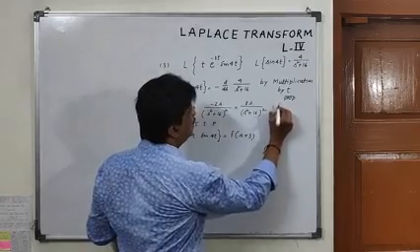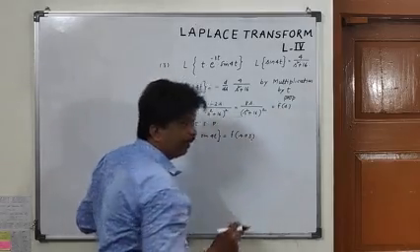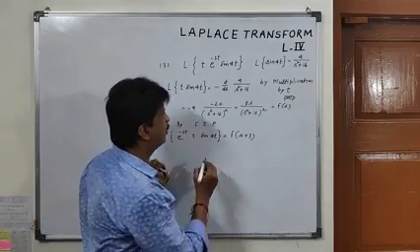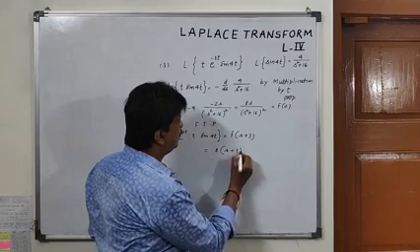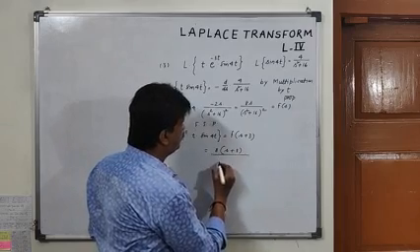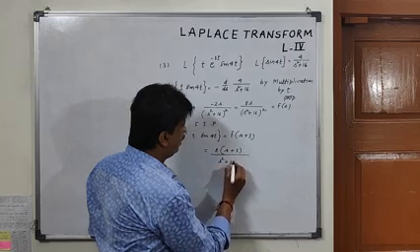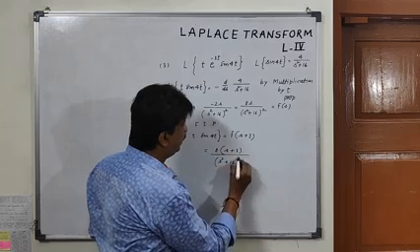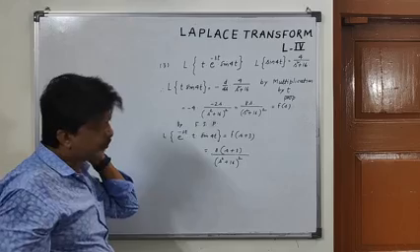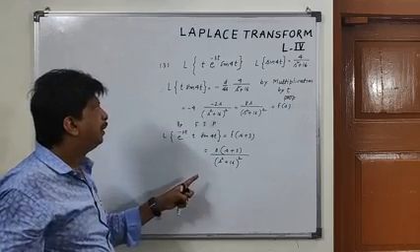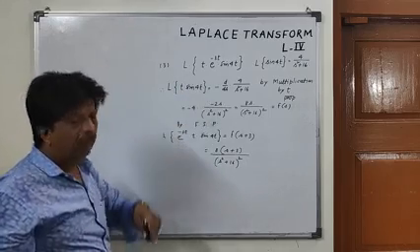So in this f of s, replace s by s plus 3, that is equal to 8 times s plus 3 upon s square plus 16 whole square. That is the Laplace transform of this function.